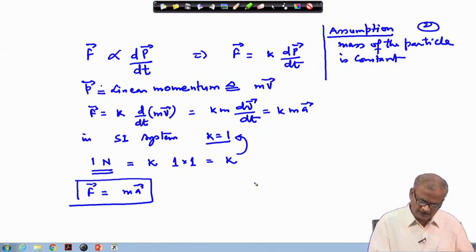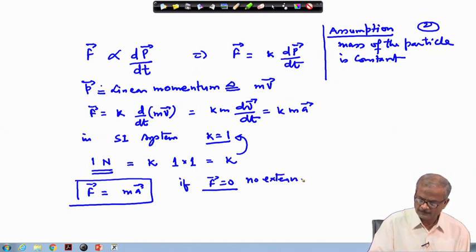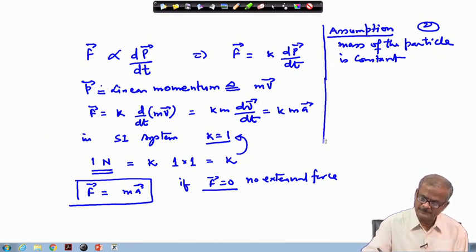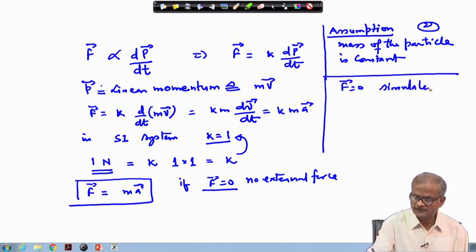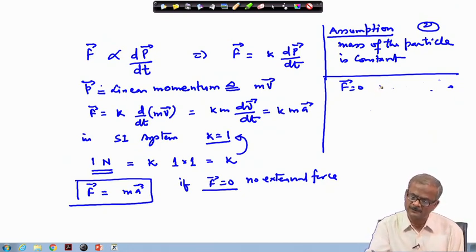Now, earlier also I have stated that if F equal to 0, it means there is no external force. So, what will be the situation? F equal to 0 also relates to the first law, that until and unless acted on by an external force.